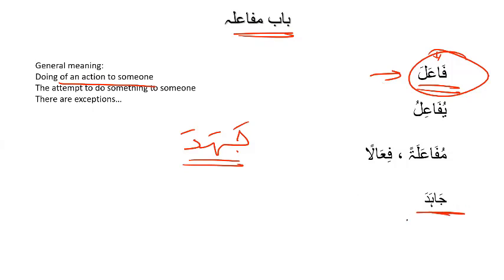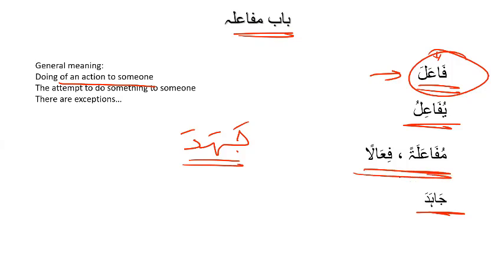So jahada means you work hard or struggle against somebody else. Now, with Bab Mufa'ala, what's the present tense? It would become yujahidu. So yujahidu actually means to struggle against something else or someone else.